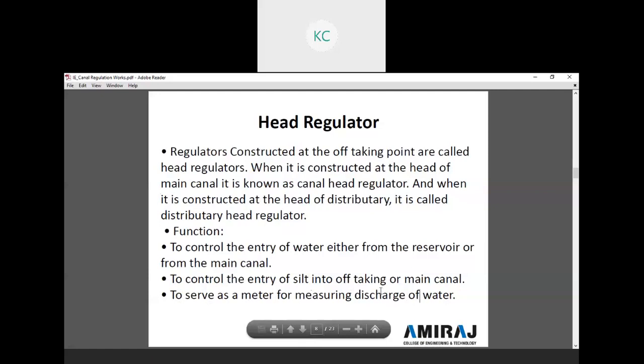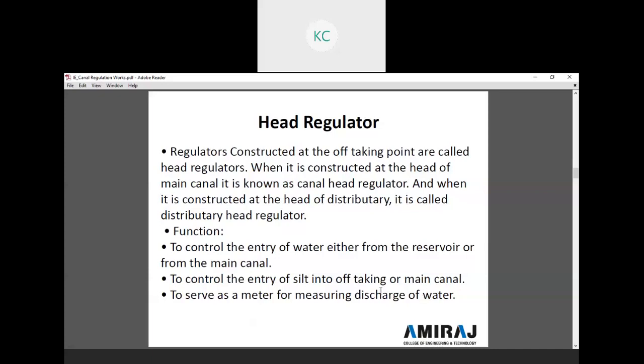So when water is transmitted from the main canal to the off-taking canal, or in other terms, when the water is transmitted from the reservoir to the main canal, a proper regulator is provided to maintain the water level as well as to prevent the entry of silt material or debris into the canal, and to maintain a proper bed slope of the canal, which helps to attain the critical velocity as well as the design velocity in the canal.